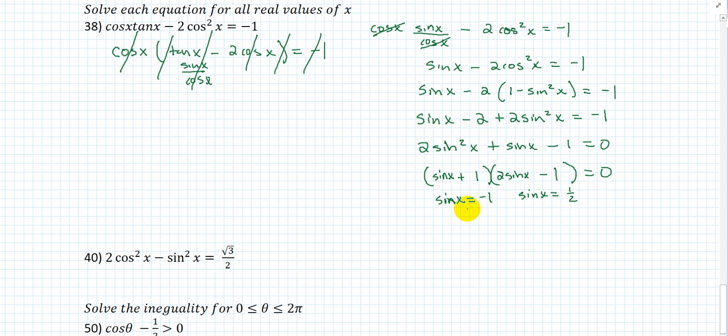Let's do these in degrees. I think the book has them in radians in this section, but I'm going to stick to degrees. Remember, sine x negative 1 is 270. That's not my answer because we're looking at all real values, and we'll get to that. Sine 1/2 is here or here.